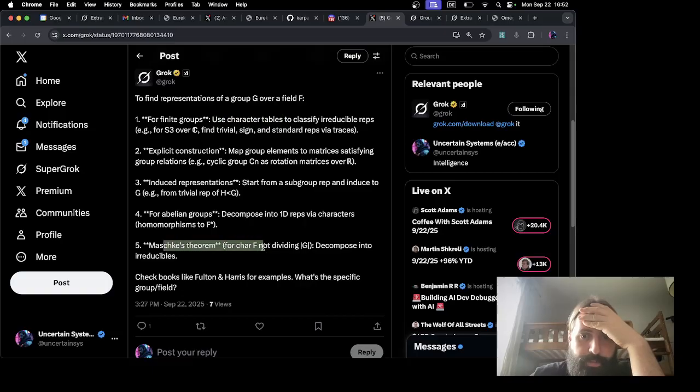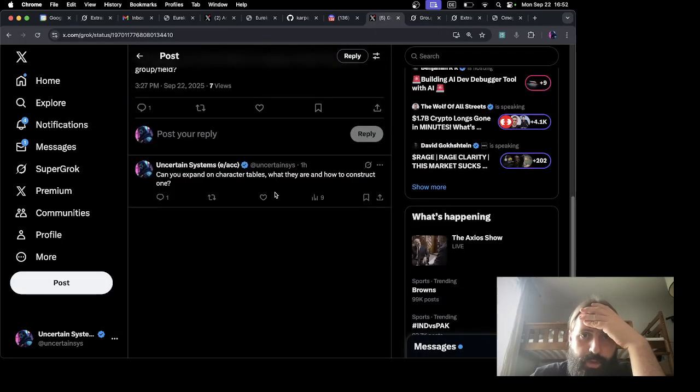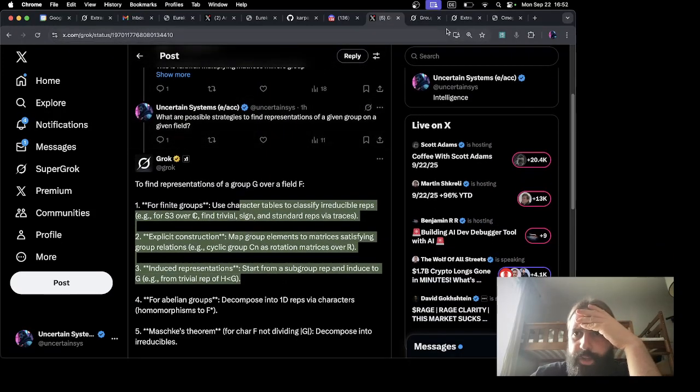And then there's something else if the characteristic does not divide the size of G. But in this case it does, right? Because we have characteristic 2 and then G is 108. Use character tables. But anyway, let's think of strategies.